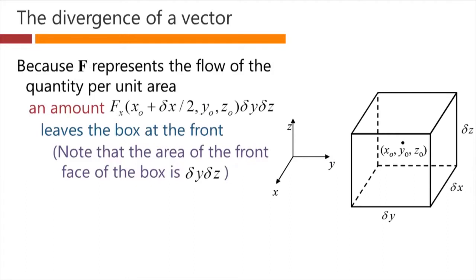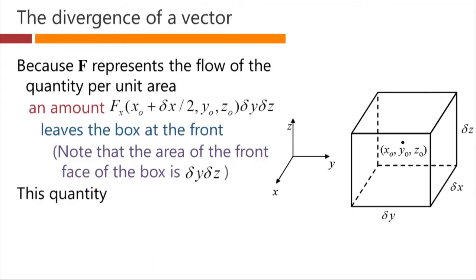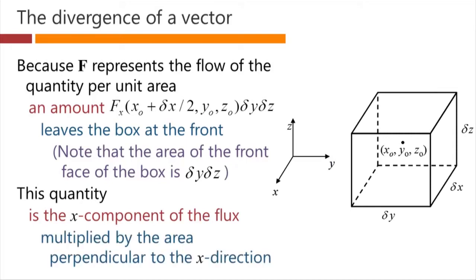So given that f represents the flow, this is the amount that flows out of the front face. The x position of the front face is x naught, this point in the middle of the cube here, plus delta x over 2, and the y and z positions of this front face we regard as y naught and z naught. So that's the amount that leaves the box at the front, and this quantity is therefore the x component of the flux multiplied by the area of the front of the box, the area perpendicular to the x direction.